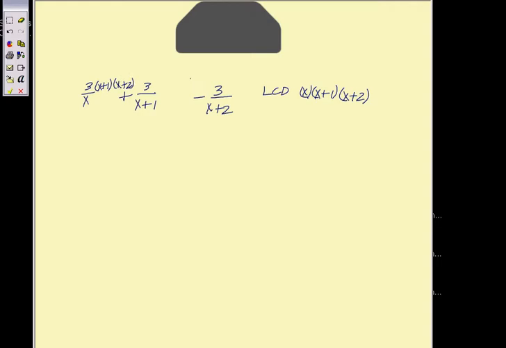Remember, we're doing that top and bottom. And the next term already has the x plus 1, so we just need x times x plus 2. And on the final term we're missing x and x plus 1.